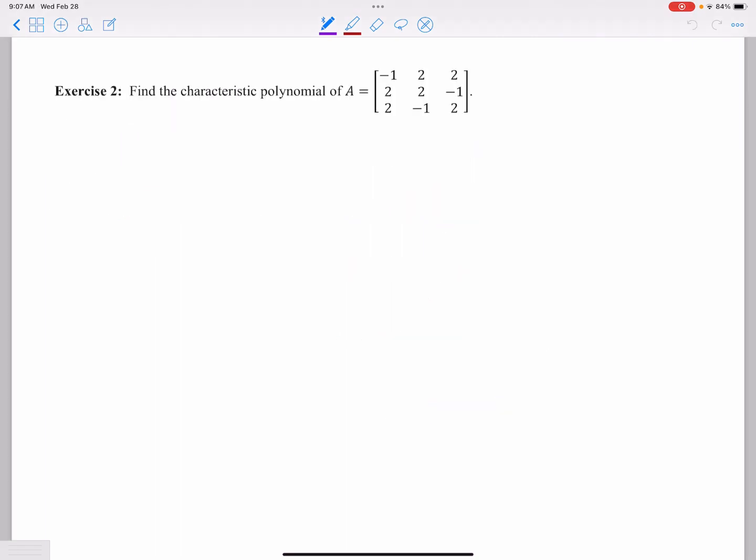In exercise 2, we are asked to find the characteristic polynomial. I cannot use that trace determinant thing here. There is another modification of that that you can look up if you want. So the determinant of A minus lambda I would be the determinant of negative 1 minus lambda, 2, 2, 2, 2 minus lambda, negative 1, 2, negative 1, 2 minus lambda.